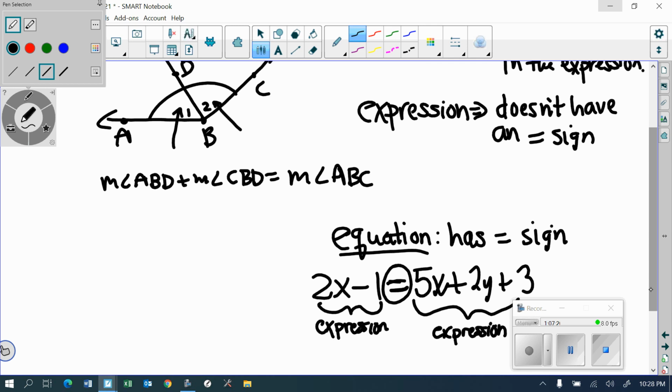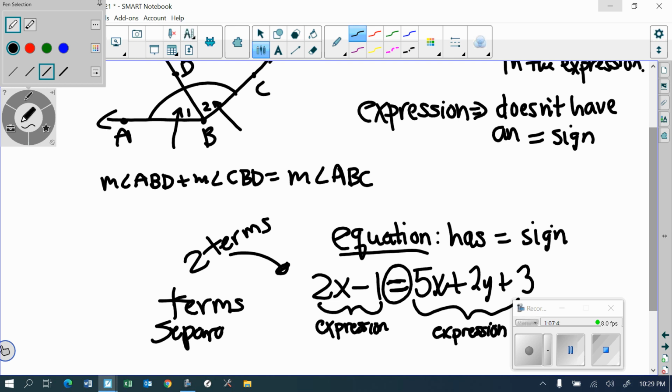Now, within an expression, you have terms. So here we have two terms. Terms are separated by plus or minus signs. So I have two terms there, 2x and negative 1.